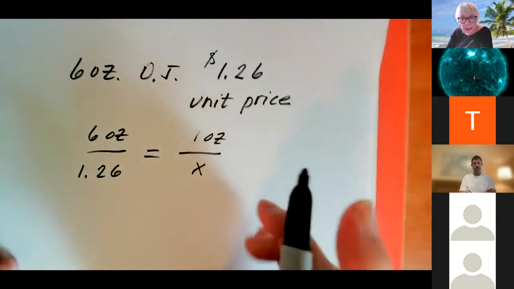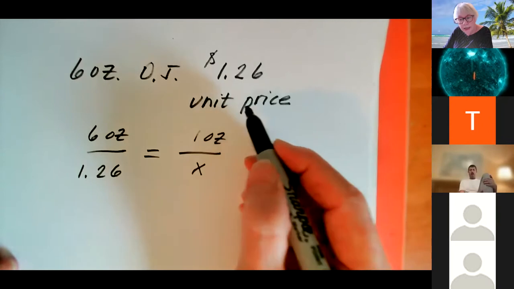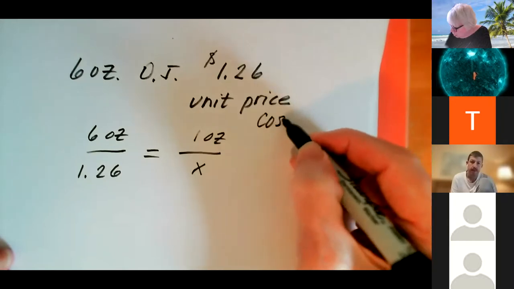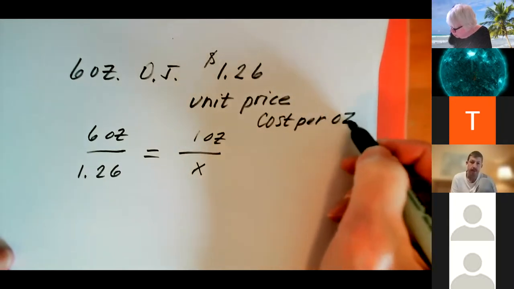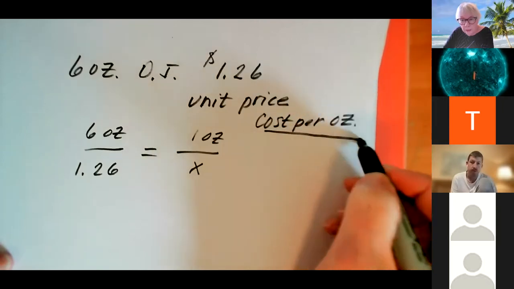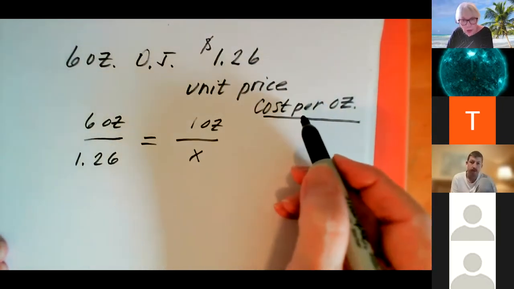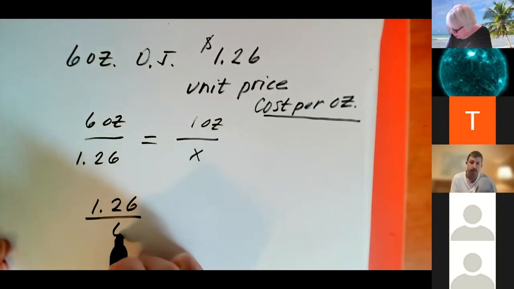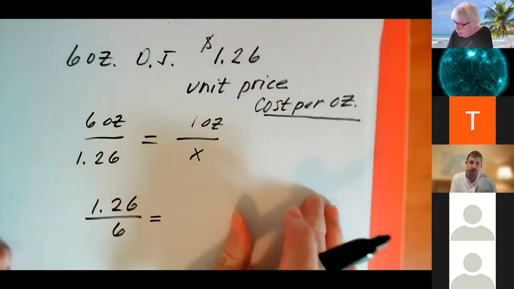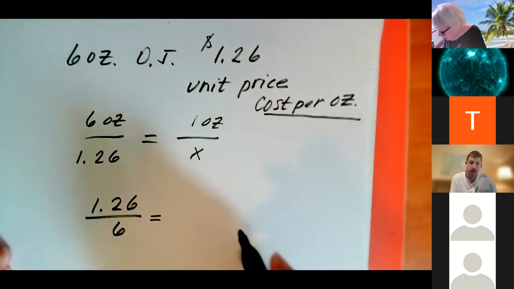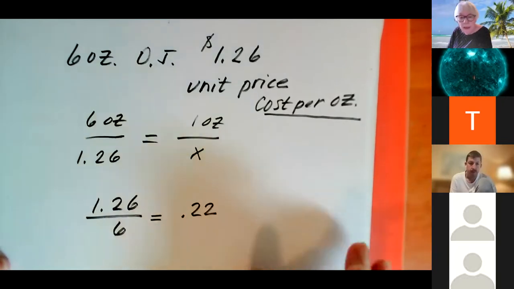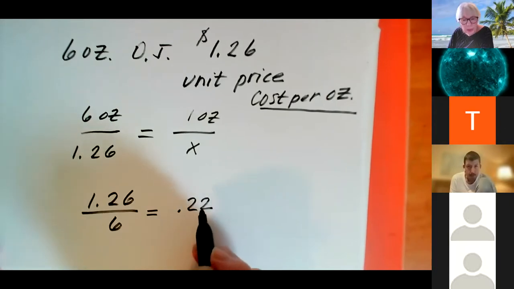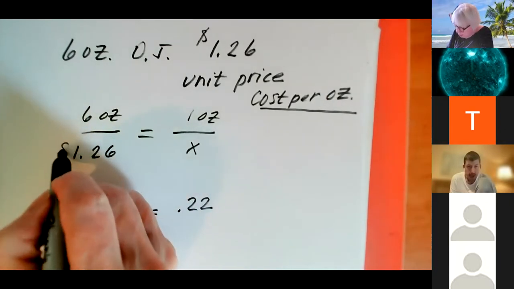The other one is, they might have said, and I can't see the problem right now, but the unit price, they might have said cost per ounce, right? If they gave you that instruction, then you would go $1.26 divided by 6. And I believe the answer is 22 cents. That was not the problem. Many people got this. And so this is 22 cents, and it is in terms of dollars.